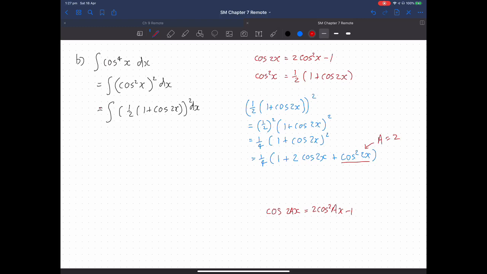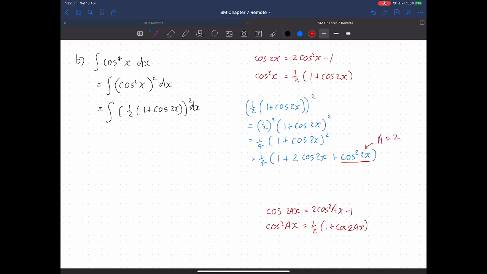If we rearrange that to make cos squared ax the subject, we would get cos squared ax equals 1/2 times 1 plus cos 2ax.